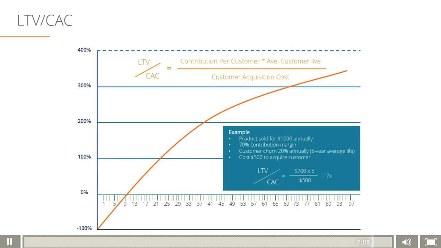So in this example, we're saying that we sell a product for $1,000, 70% is the contribution margin, the churn rate is 20%, which means the customer life is about 5 years, and it costs $500 to acquire the customer. In this example, we have an LTV to CAC ratio of 7 times. That would be a very high lifetime value to customer acquisition cost ratio.